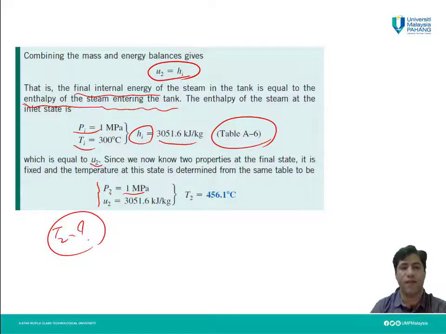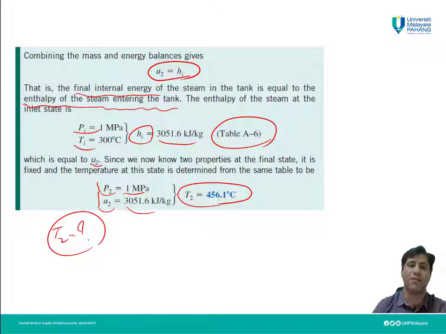We can find the temperature of water with this pressure and internal energy in this table. We have pressure, we have its internal energy, then simply we can find the temperature of the water, the superheated vapor of water with these properties, in this table.